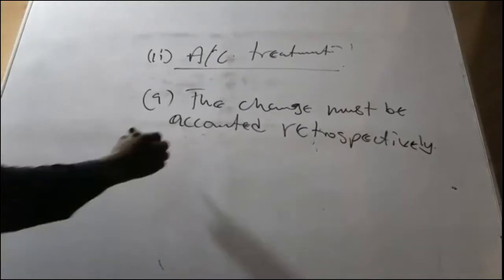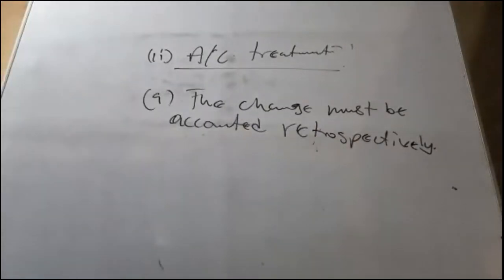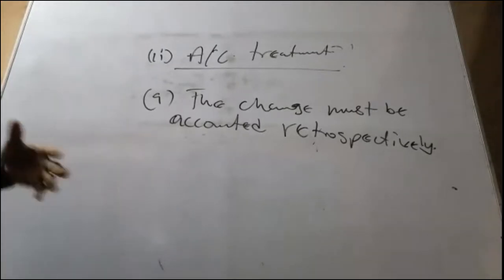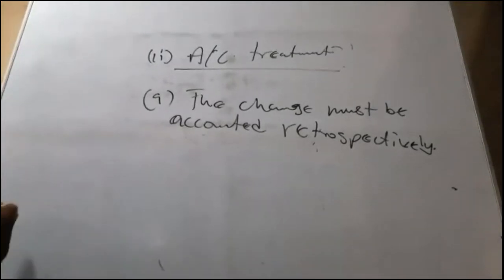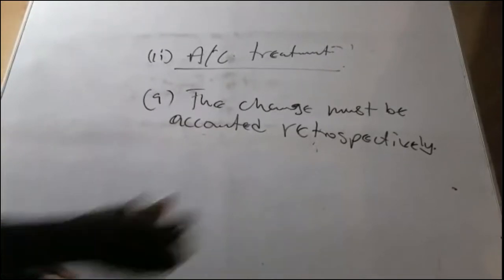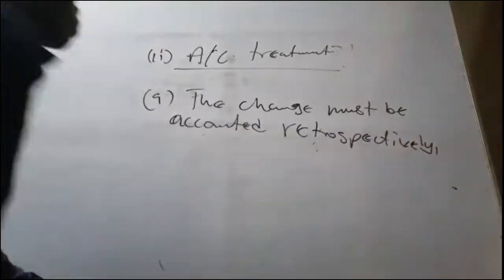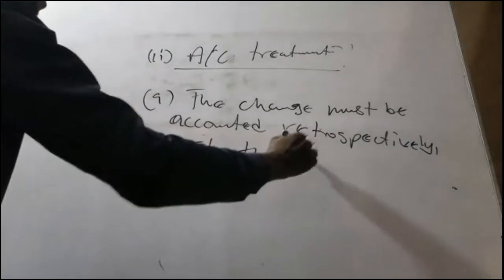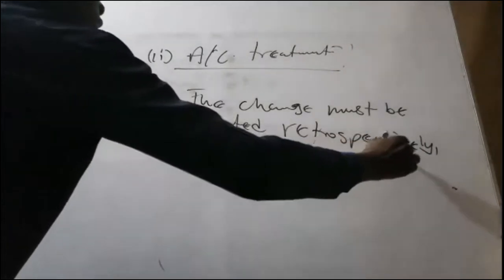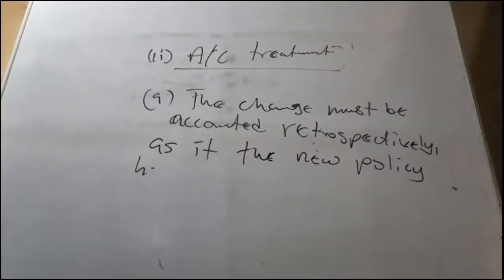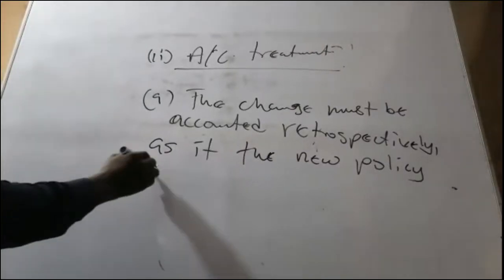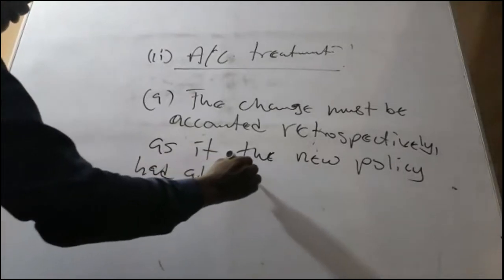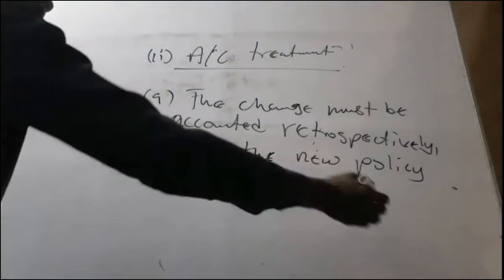Retrospective application simply means we have to adjust the opening balance of the retained earnings. That is the actual meaning. Or you can continue, tell the examiner that as if the new policy has always been there.